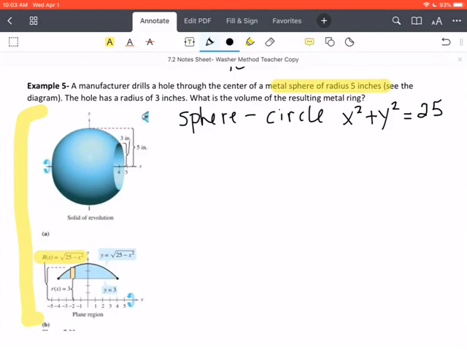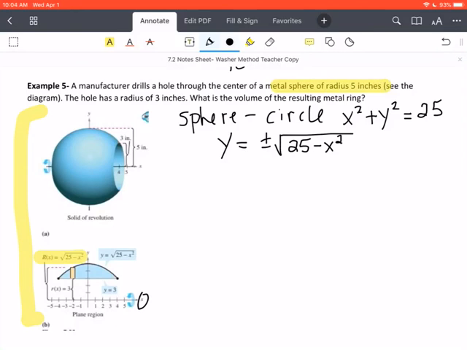Okay, so if we are revolving around the x-axis, then we would need to solve for y. So we would get y by itself: y is plus or minus the square root of 25 minus x squared. But because we're in that upper region, we can ignore the negative root.